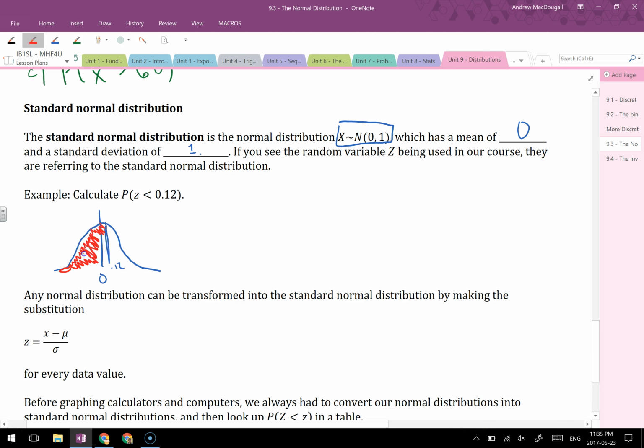And this is just normal CDF with an upper bound of 0.12 and a really big negative lower bound. So I'll put this in the calculator quickly. So negative 7 high, upper bound 0.12, mean 0, standard deviation 1 is 0.548.